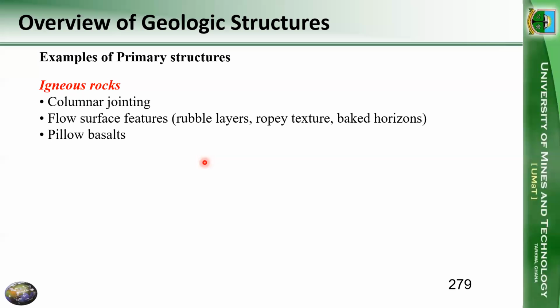So these are basically what we need to know about geologic structures. We have primary structures, secondary structures, and compound structures. Primary structures formed at the same time as the rock was being formed. Secondary structures developed later on, like joints and faults. Then we could also have compound structures.